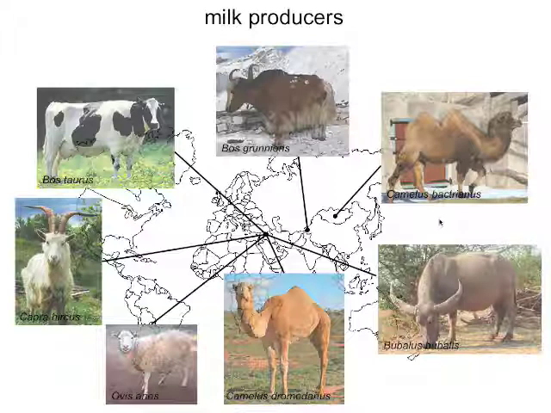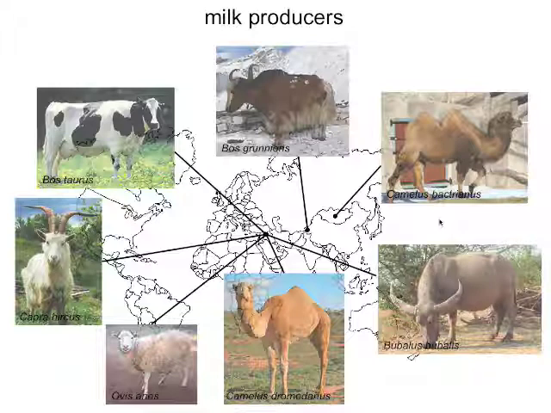Let's take, for example, Bos grunniens. This is an animal that was domesticated basically in the Himalaya, right? This is a yak, and you can see just from looking at this photograph that yaks have traits that are useful for animals that live in that kind of climate. He has long fur to withstand long periods of cold temperatures.